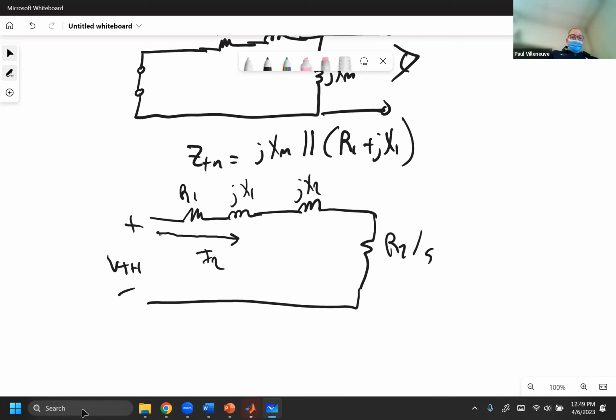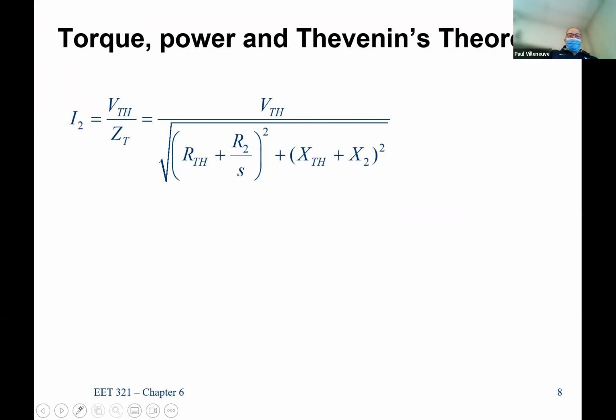So my value of I2 can be found pretty easily by taking V Thevenin and dividing by the square root of my R plus my X, those values squared. So again, this is a magnitude number. I'm getting the magnitude of I2.